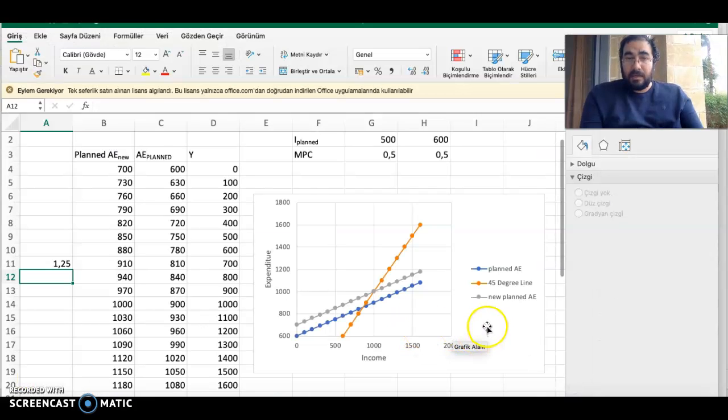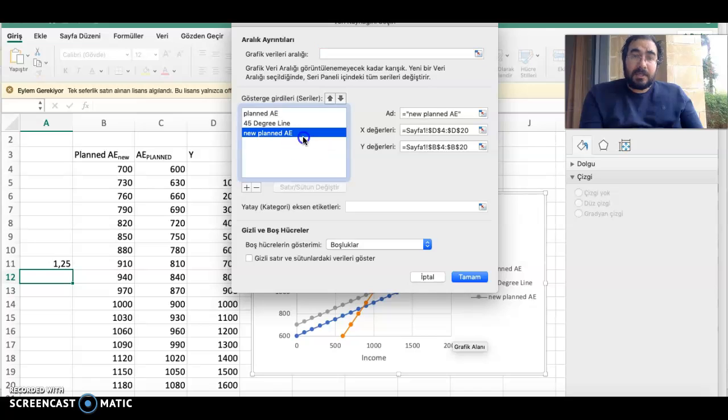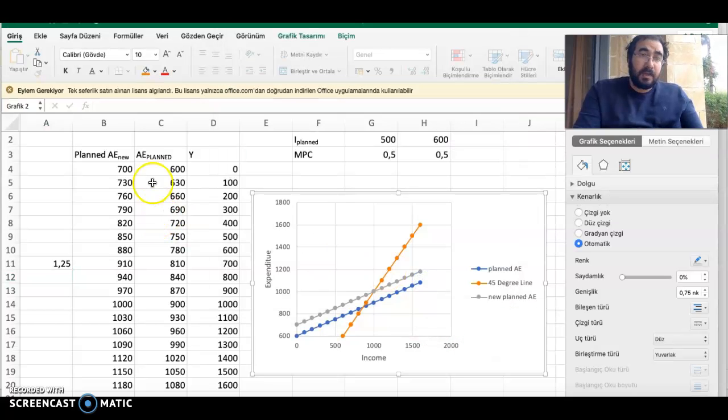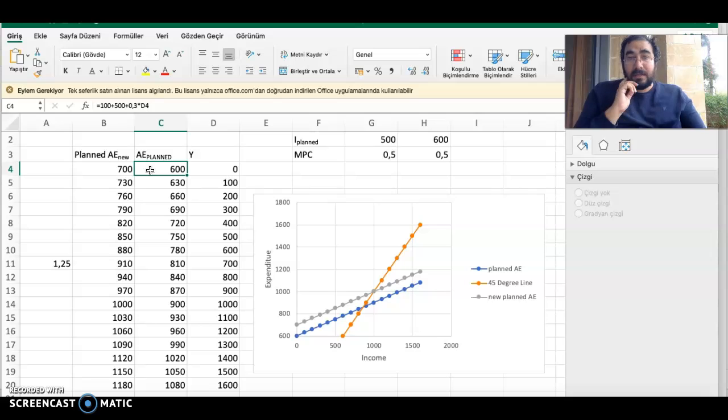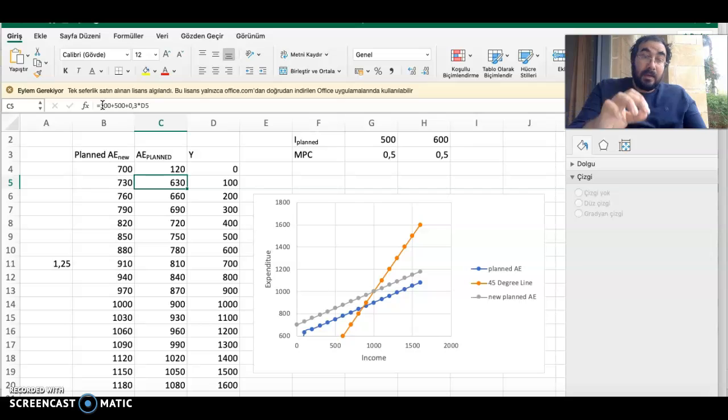Lastly, let's draw our curve. I will just use the previous curve since we have already seen how it is drawn. Let me just erase this one. And for my planned case, I will make a change. Let me make the MPC 0.75, and instead of having here this amount, I will have instead 120, which was my autonomous spending, I believe.